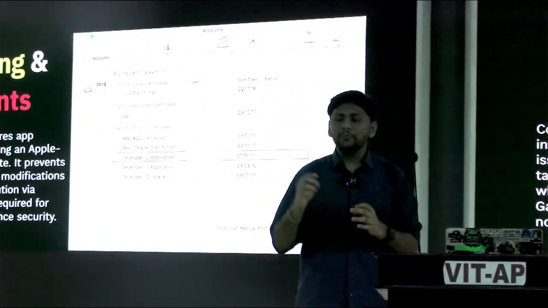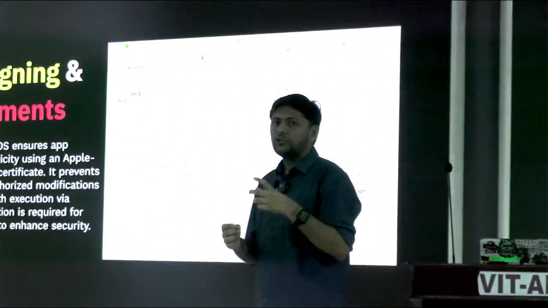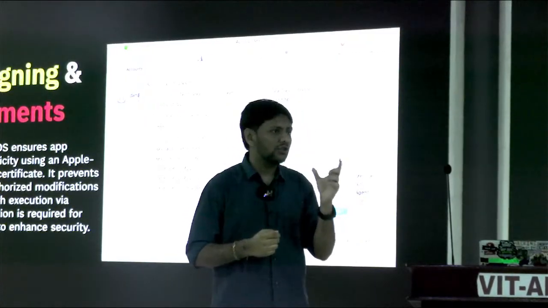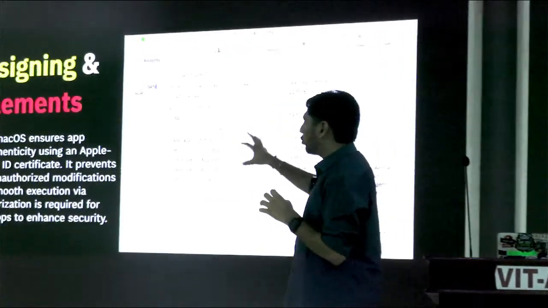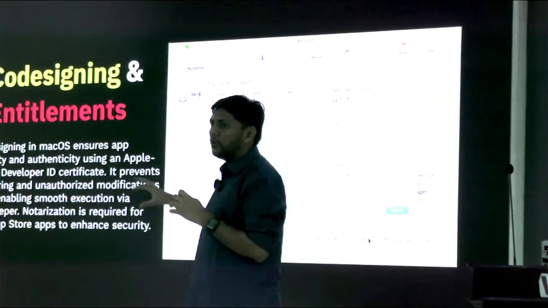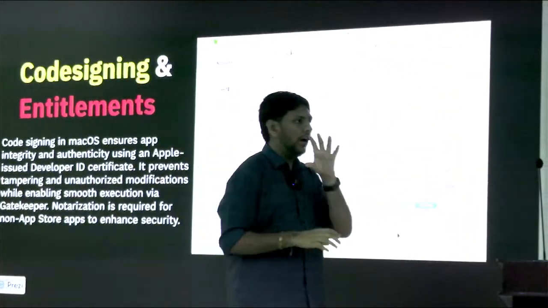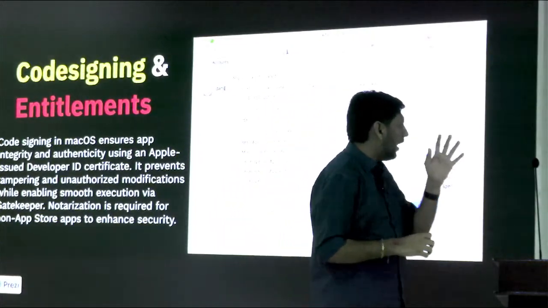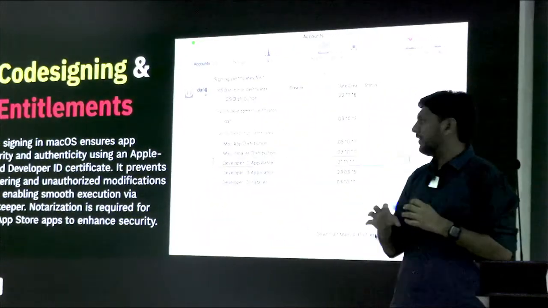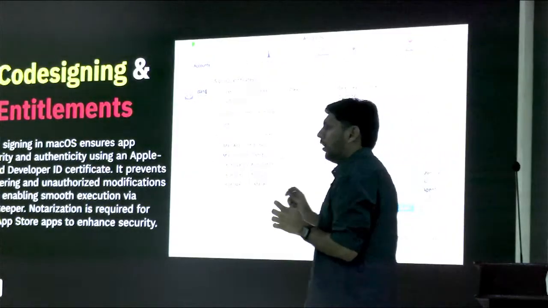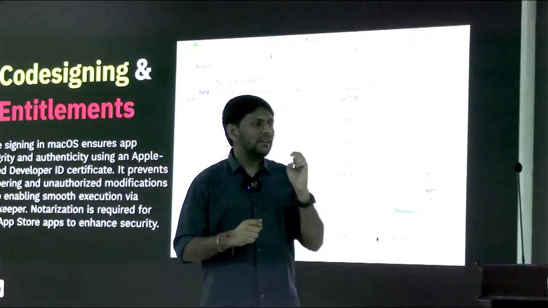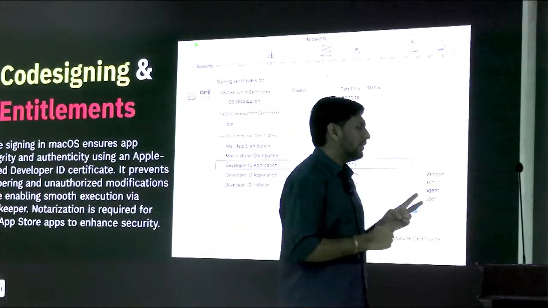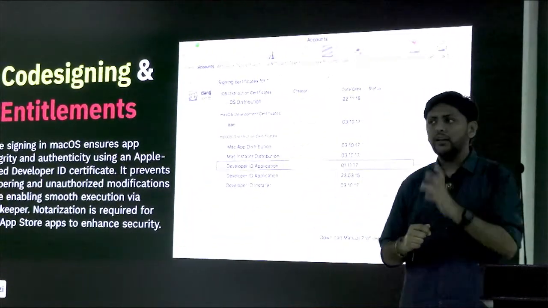So every time you upload your application, you require a signature. This signature is called code signing, okay? It's called code signing in iOS based or macOS based applications. Code signing basically ensures that the application has the integrity and the authenticity of its actual developer.